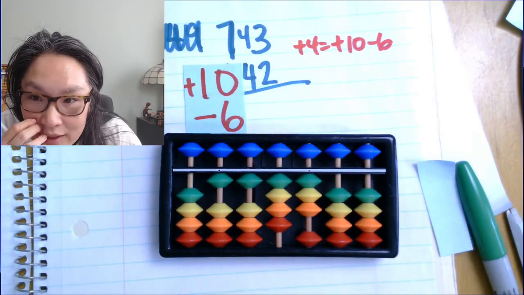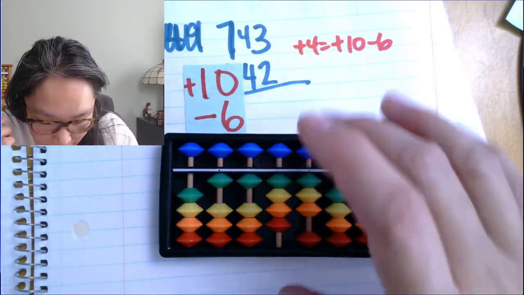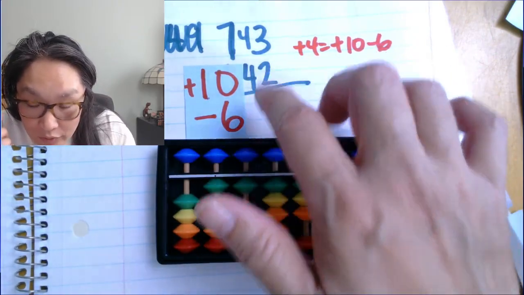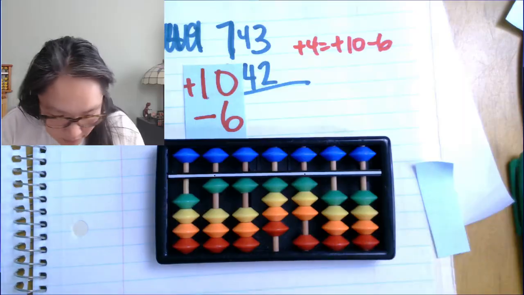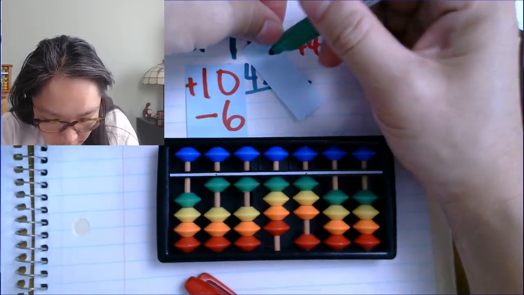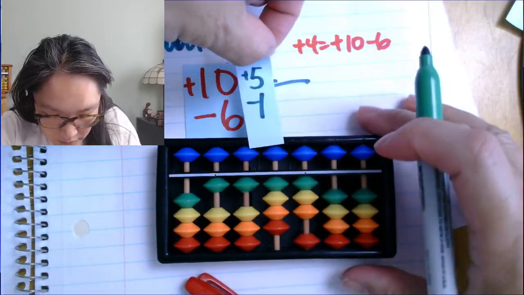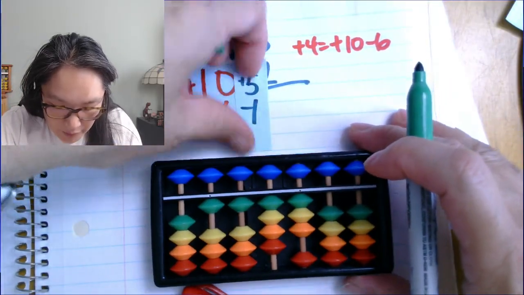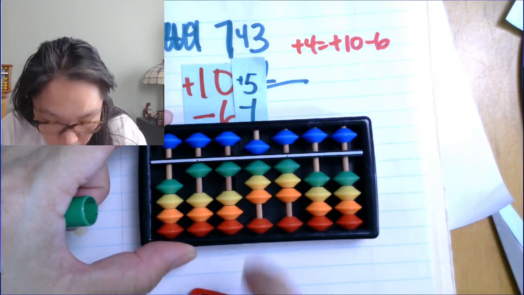Now I'm just kind of workshopping this. So when we do 4, we want to add another 4. We can't add another 4. So we have to plus 5 minus 1. Now I have to plus the 5 minus the 1 because I don't have enough. So I'm going to plus the 5 and I take away the 1.